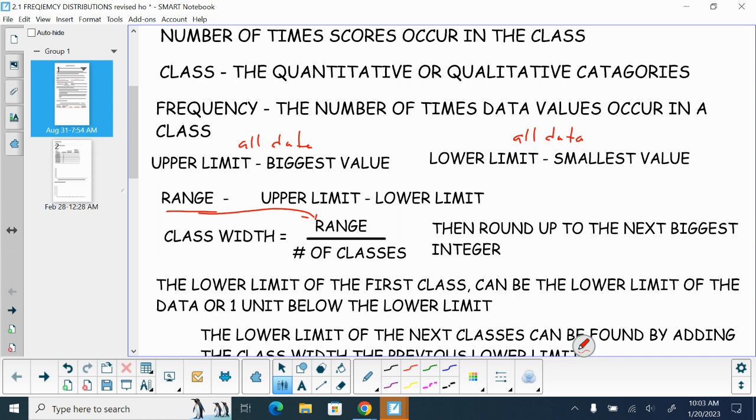You divide these two values, then you round up to the next biggest integer. So if you do this class width and you come down to 9.2, traditionally in the math world, we have always been taught to round that down to 9.